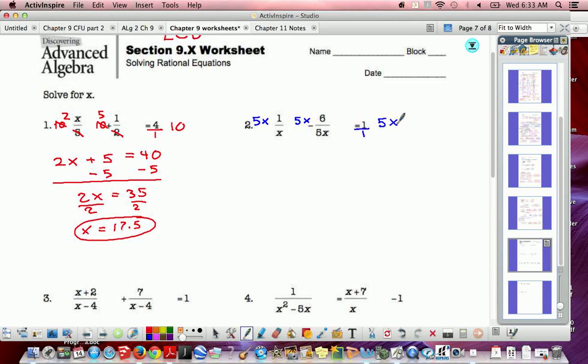When I do so here, you will see that the x's cross out, so I'm just left with 5 times 1 or 5, minus the 5x's cross out here, so I have 6 equals 1 times 5x is 5x.